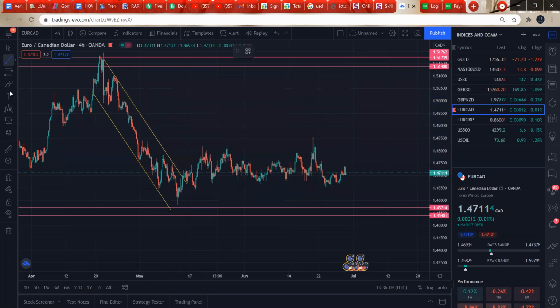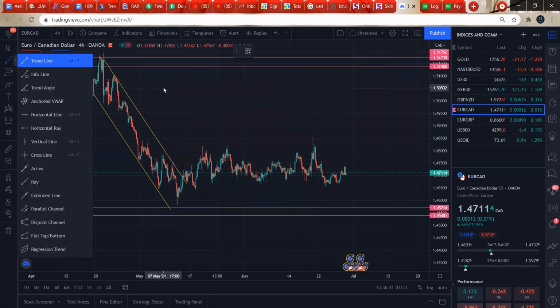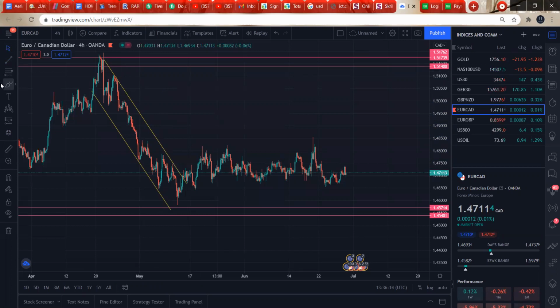So from here, you can see, you'll have your structure drawn like this. You know that it's an ascending channel. So now you want to know, when do you enter this trade?